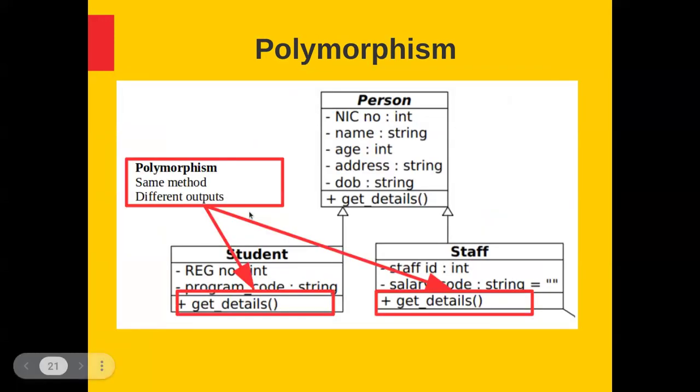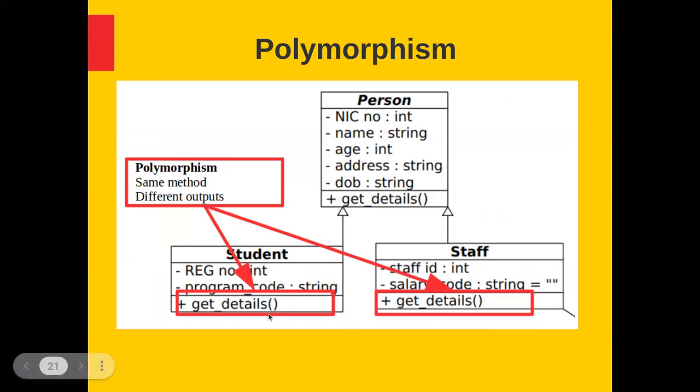This is polymorphism. In Person, getDetails is available, and Student and Staff also have the same getDetails method, but it can take different data.